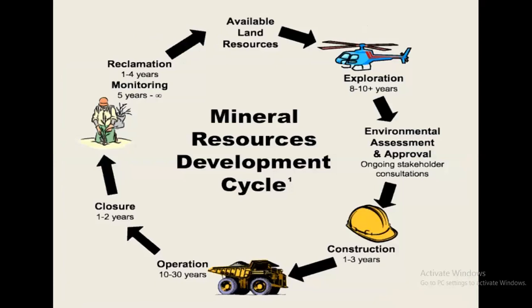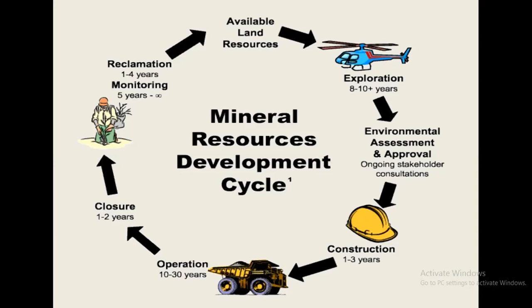Now this is a small graph showing the mineral resources development cycle. How it happens is: the available land resources are there. Exploration takes place, 10 plus years. Environmental assessment and approvals are needed. Stakeholder consultations, government approvals.